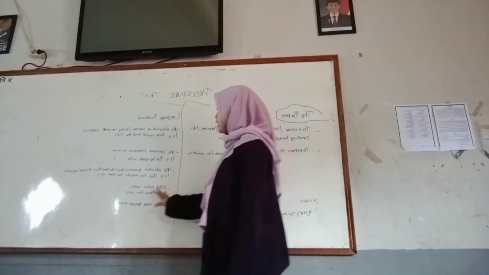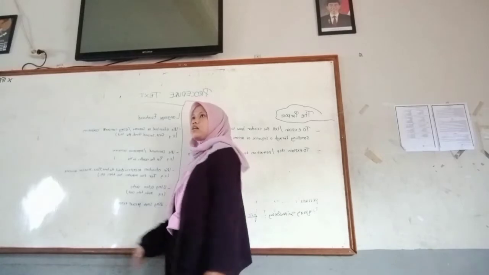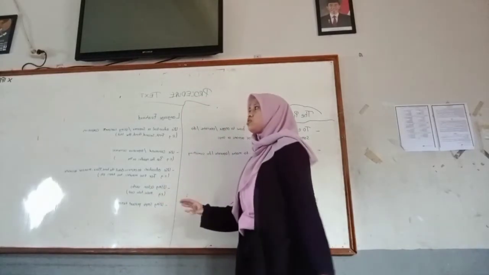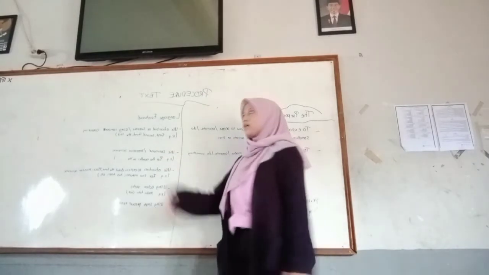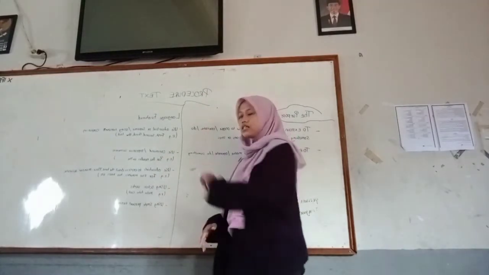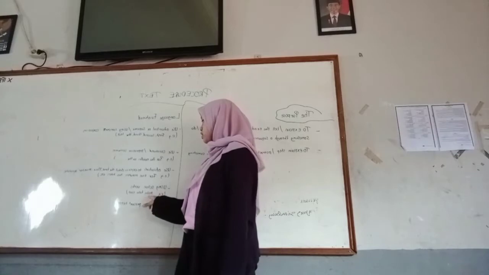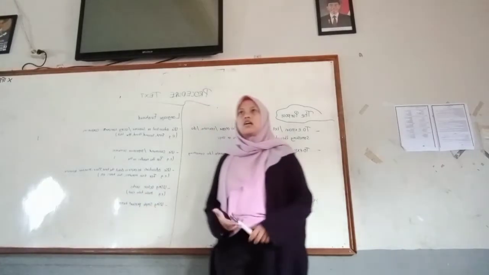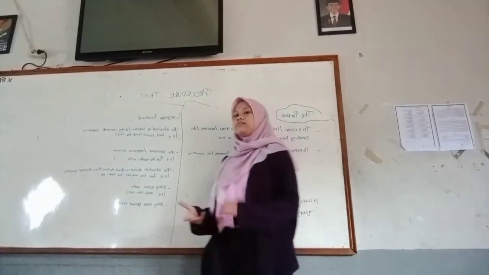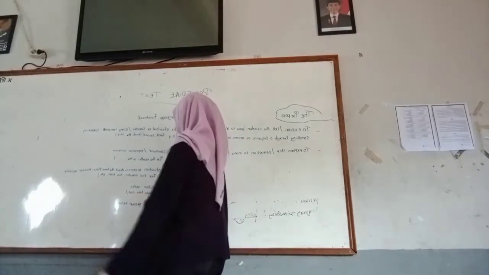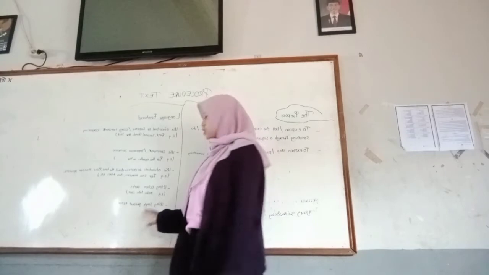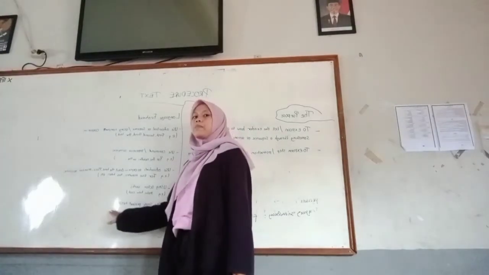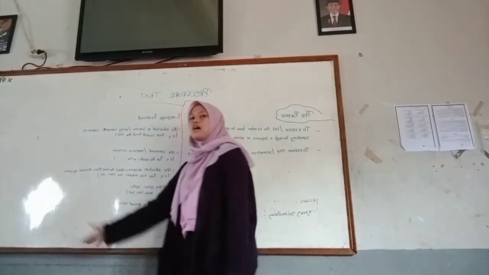The fourth is using action verbs. Procedure text should use action verbs in its step by step structure, for example make, take, cook, and others. And the last language feature of procedure text is using simple present tense.